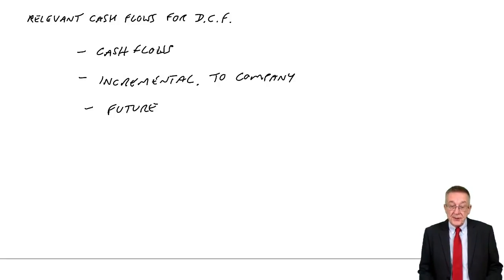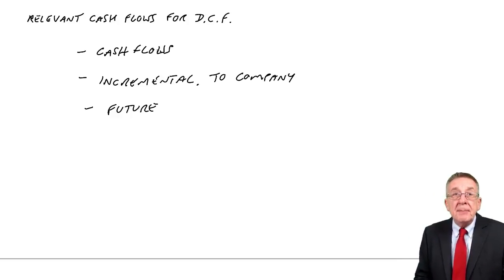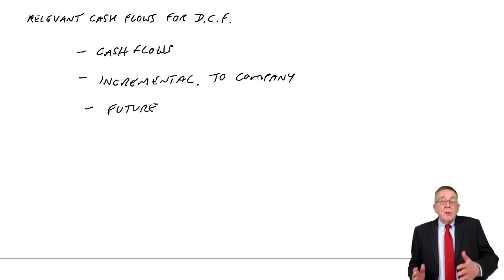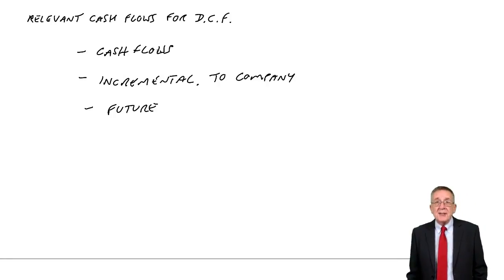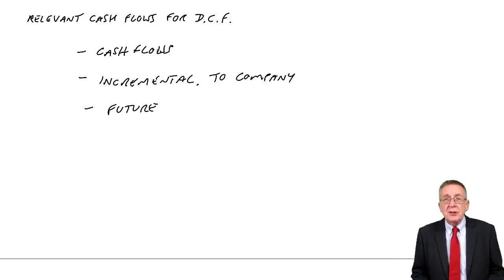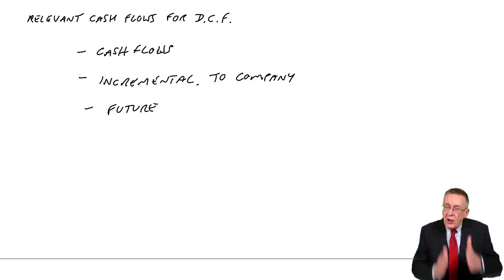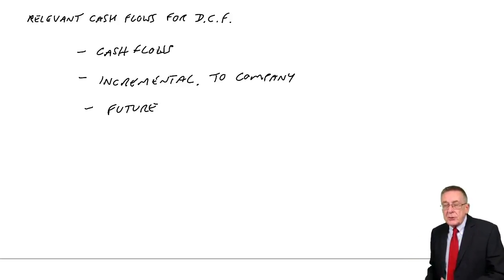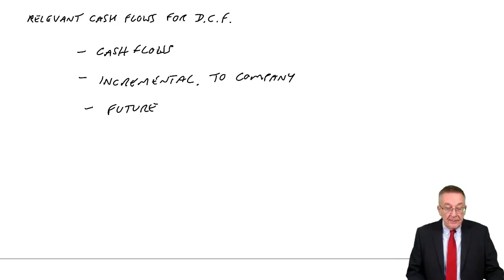It's a sunk cost. We're not interested in historic costs. What I mean by that is whatever values are in our statements of financial position for non-current assets are irrelevant. We're not interested in balance sheet values, statement of financial position values. You know, it's what's the cost of the machine? How much cash will we get when we sell the machine, and so on.